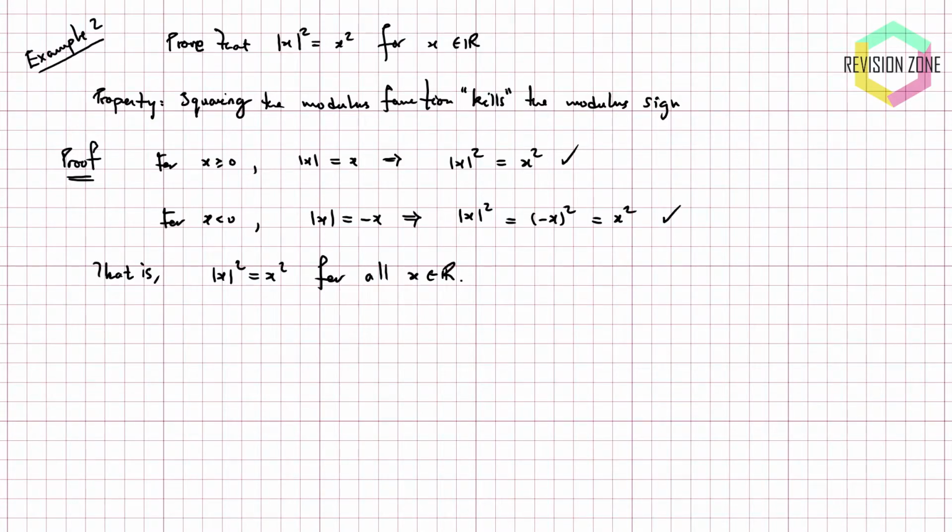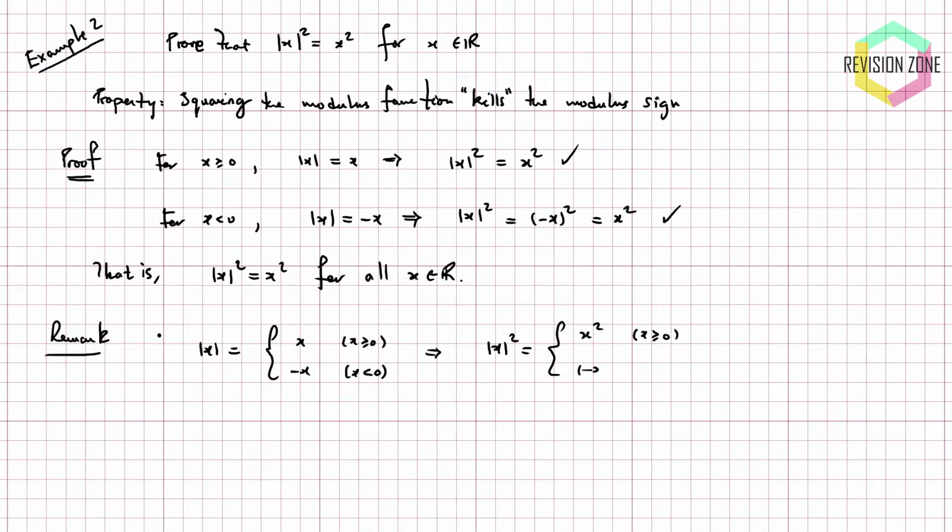Now it is worth making a couple of remarks here. One remark might be that we could have done the exact same thing by saying modulus of x is x for x bigger than or equal to 0, and negative x for x less than 0. And when I square the mod function, that's the same thing as, in some sense, squaring each part of my piecewise function, right?